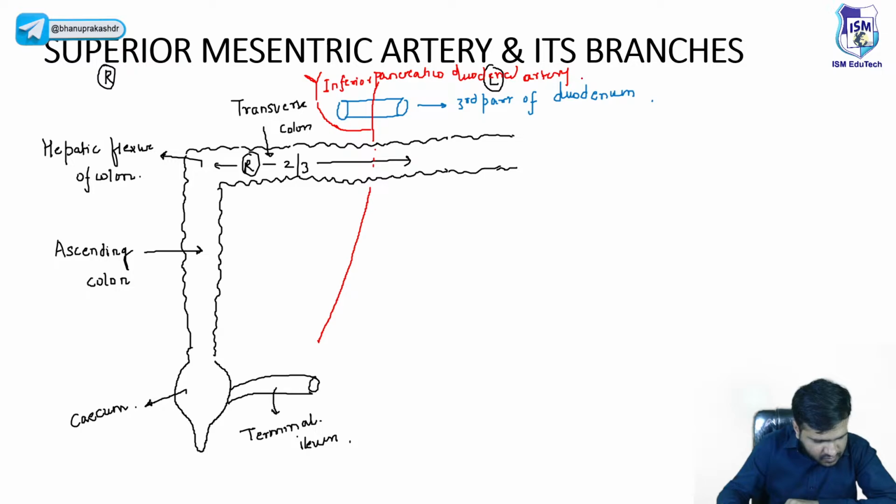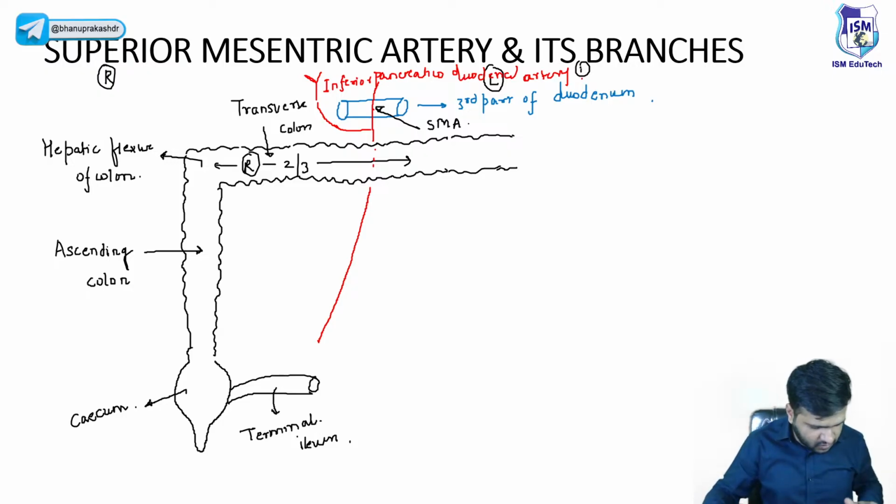And it will anastomose with the superior pancreatico-duodenal artery, right? So now remember guys, let me just mark it. It is the superior mesenteric artery. The superior mesenteric artery is giving the first branch, and that is the inferior pancreatico-duodenal artery.